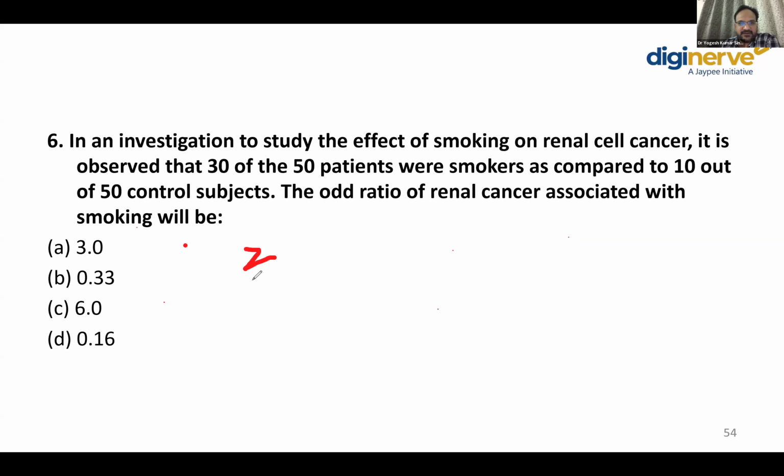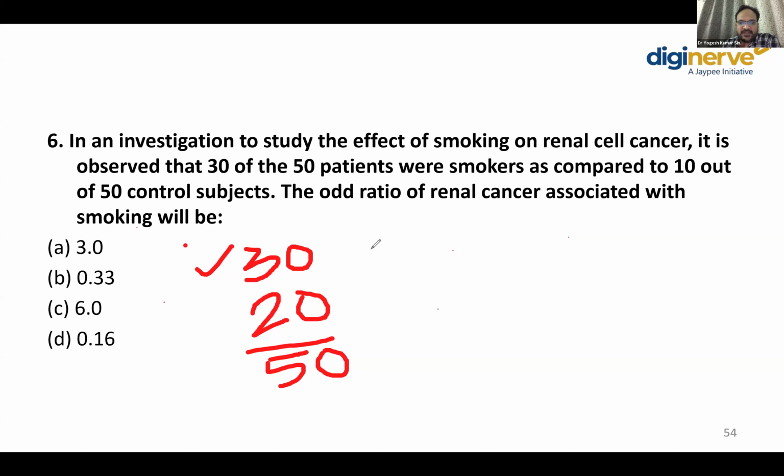We are having 30 cases out of 50. It means 20 are not exposed. It is observed 30 of 50 patients were smokers, meaning out of a total of 50, 30 are exposed, 20 are not exposed.